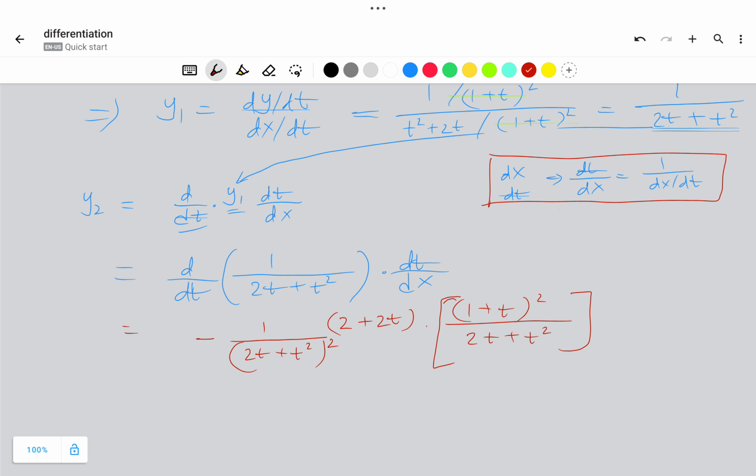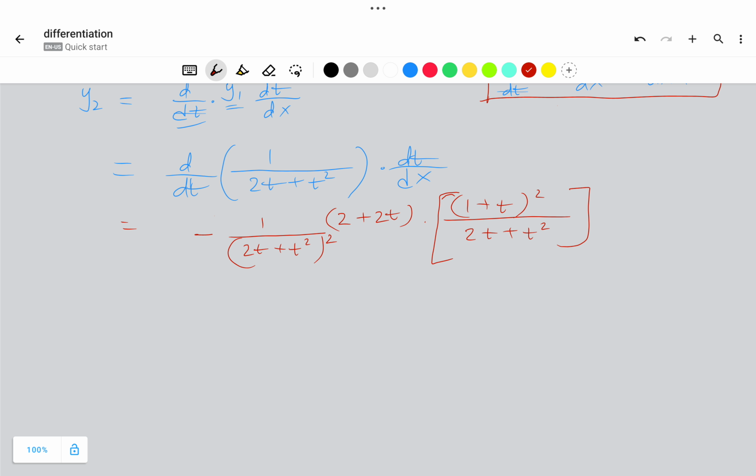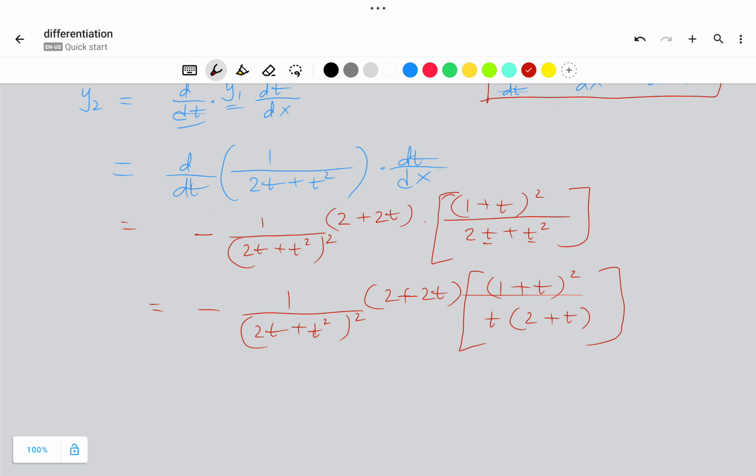So let's check whether we have any cancellation. See, here we can take t common, so it would be minus 1 upon 2t plus t square the whole square, 2 plus 2t, and then 1 plus t the whole square, and from the denominator we are taking t common, t into 2 plus t. So here are we getting anything common?